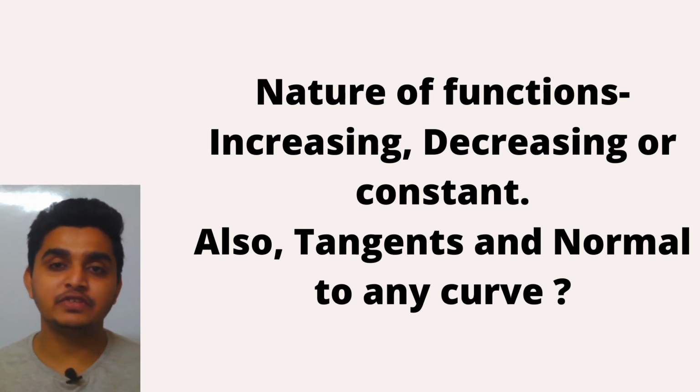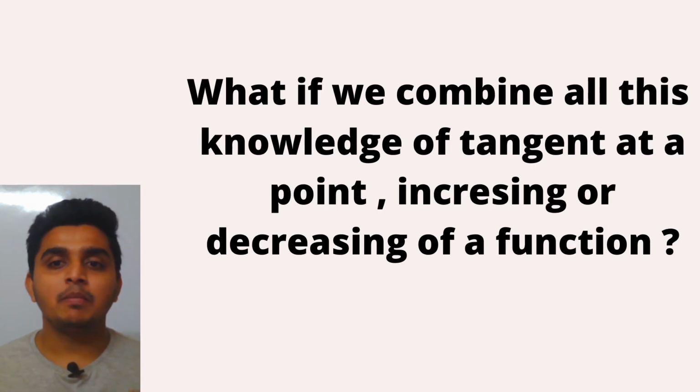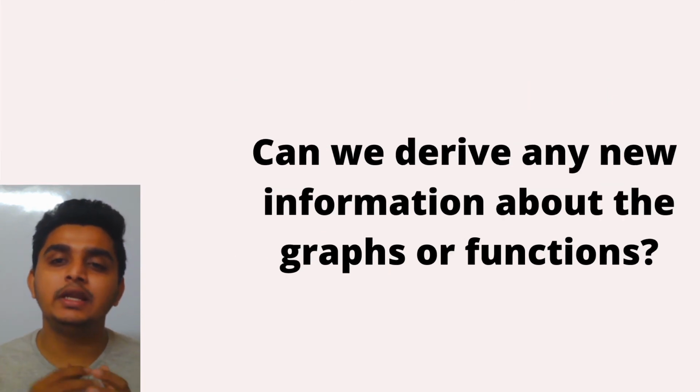Also, in the previous video, which you can click over here, we have seen how to find the tangents and the normals to any curve, right? And what if we combine all this knowledge of having tangents and having increasing and decreasing functions, and apply it, what is the outcome or what is the derived information about graphs which we can actually get?